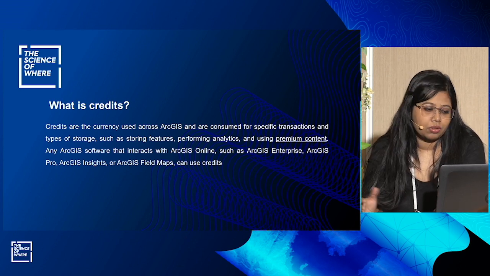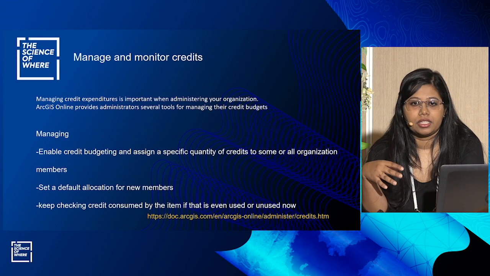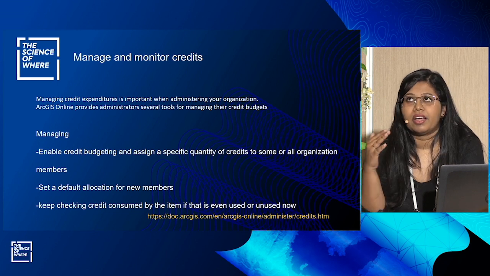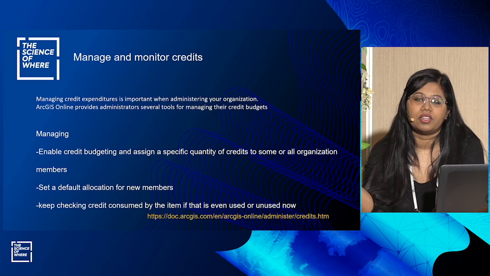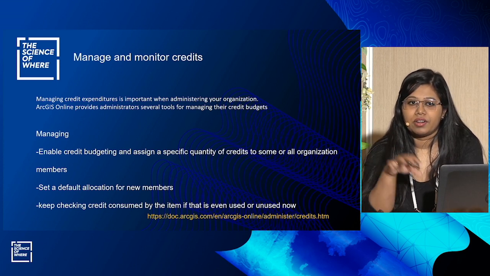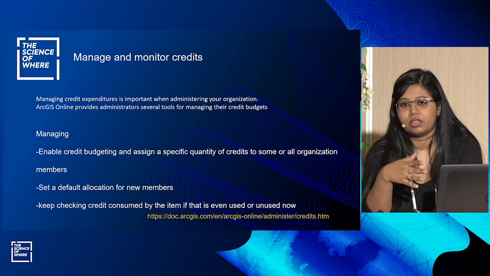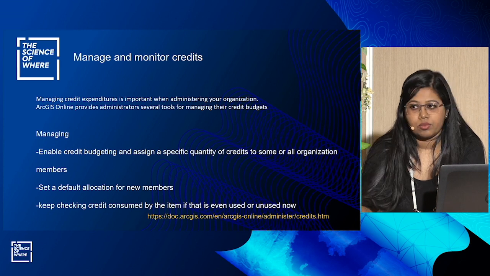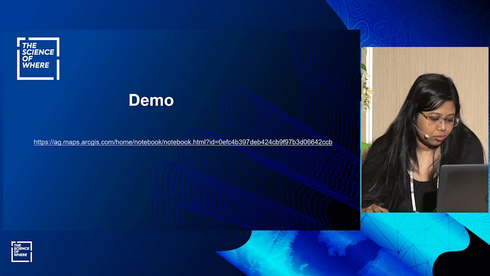It is possible to manage in a way that you can have a limit, and you can check where the places are where more credits are going, or if you are not using something, you can delete it. So there are several ways. I will just directly jump to a demo.